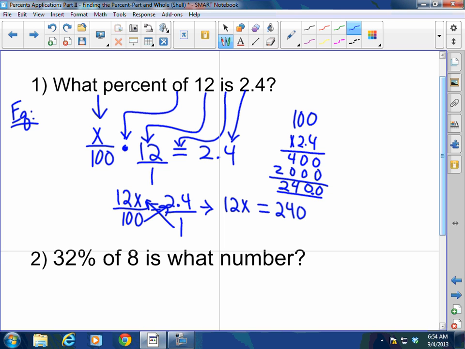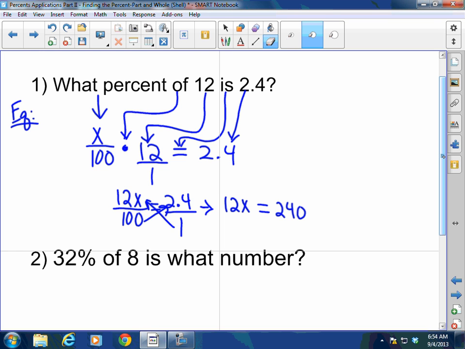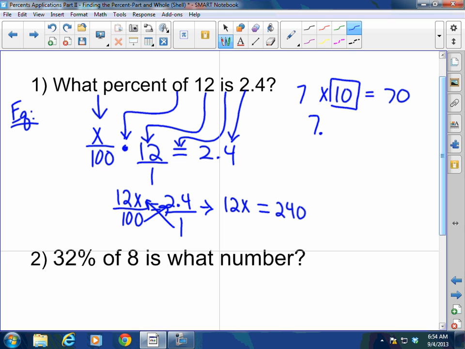Or you can try to remember this trick. Whenever you're multiplying by powers of 10, so in other words, 10, 100, 1,000, you can move the decimal to the right as many places as there are zeros. If I have 7 times 10, that's going to equal 70. Why? Because I have a 7 here and there's a decimal here. How many zeros in 10? 1. So I move the decimal to the right 1 place.